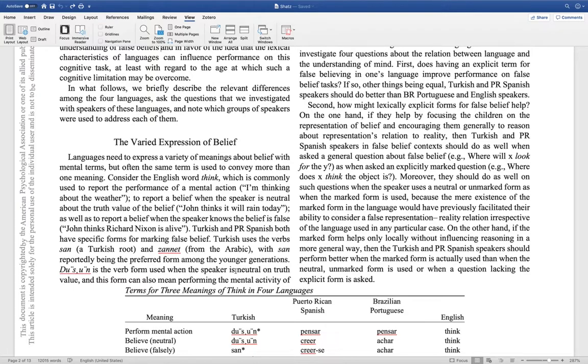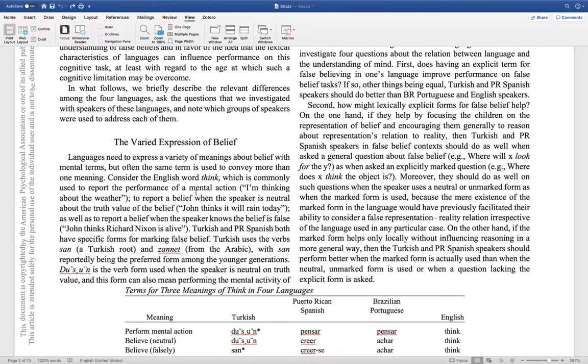Turkish and Puerto Rican Spanish both have specific forms for marking false beliefs. Turkish uses the verb san, a Turkish root, and zanet from the Arabic, with san reportedly being the preferred form among the younger generations. Do is the verb form used when the speaker is neutral on truth value.